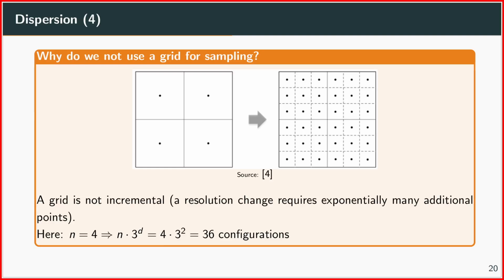You can maybe do this as an exercise: compute how many points you would need in a 10-dimensional space. If you cover each of the dimensions with, say, 10 configurations, you will see that this scales pretty quickly to numbers like all the atoms in the universe or something, which means it's just not practical to go to really high dimensions with that.